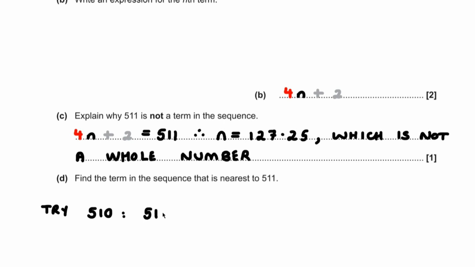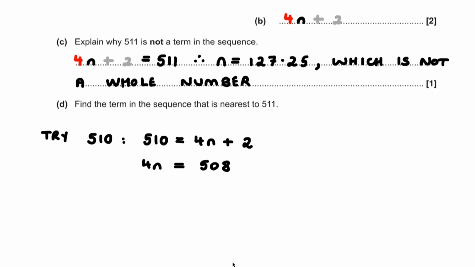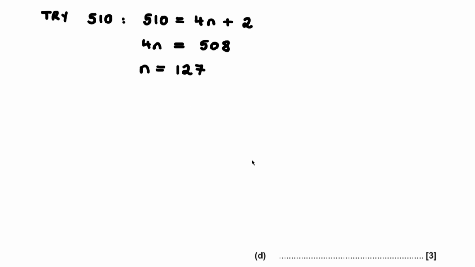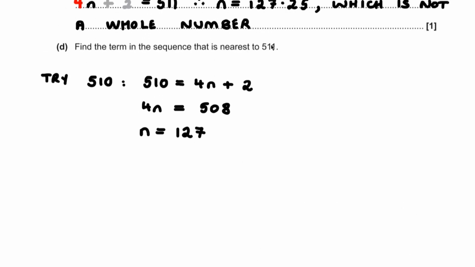So I've got 510 equals 4n plus 2. Subtracting 2 from both sides, 4n is equal to 508, which means if I divide by 4, n is 127. So the term that's nearest to 511, well, that's the 127th term.